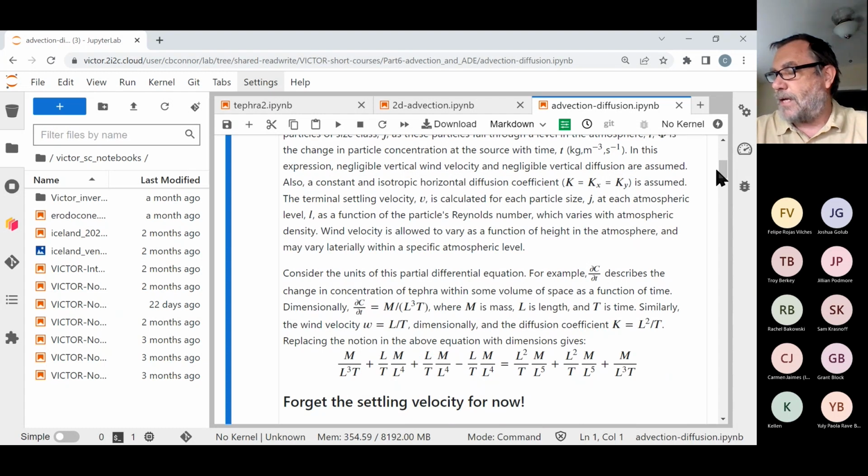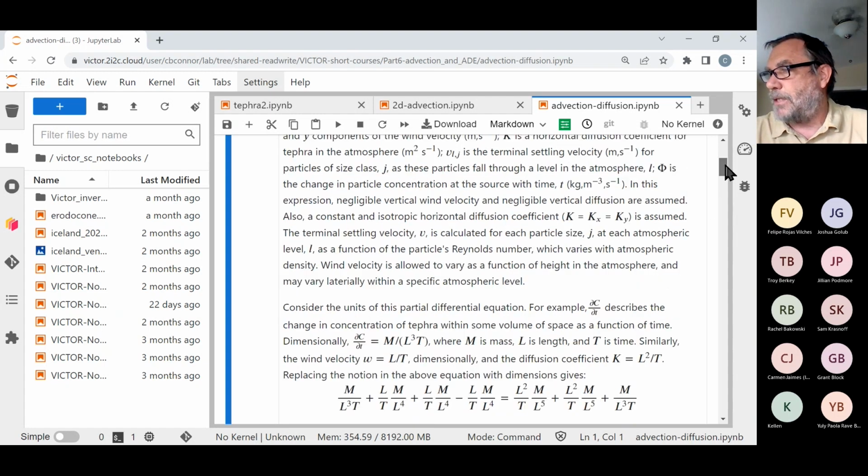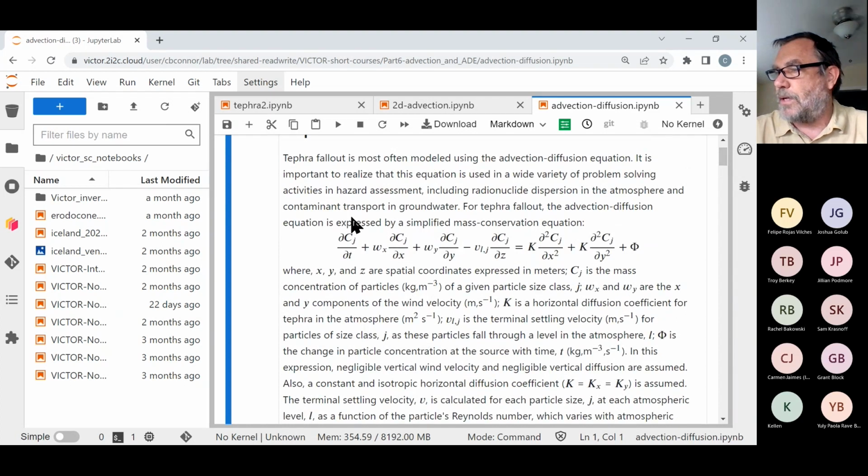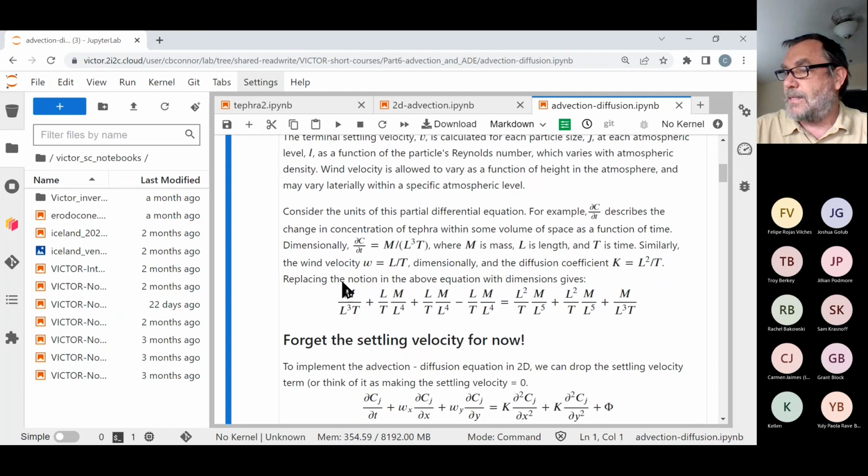I'm saying that I've got a mass, that's the concentration per unit volume, in the numerator, and length cubed times t in the denominator. Well, that's this expression, right? So I've got the mass in kilograms divided by a unit volume, meters cubed, that's the concentration, also divided by t, which is time. So that's how I write that.